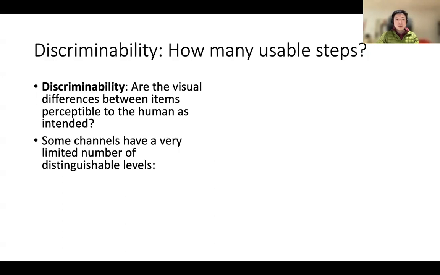And obviously the more the better. For example, if a channel can represent 10 different values that people can see easily, that's better than one that can only represent 5 different values. And when it becomes 6, it becomes much harder to see.